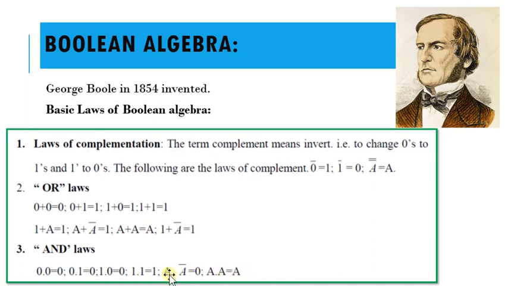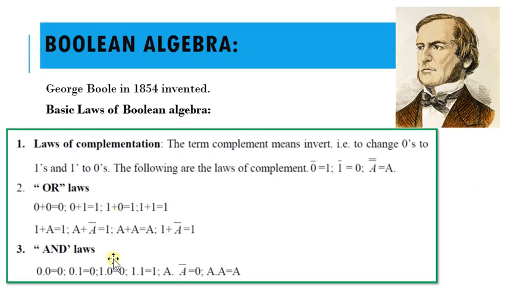So if I consider a to be equal to 0, then 0 into 1 is equal to 0, whereas 0 into 0 is equal to 0, or 1 into 1 is equal to 1. So this is the simplest way in which we can understand the three laws, that is the law of complementation, OR law, and AND law. That is, we are replacing the character with binary numbers 0 and 1.